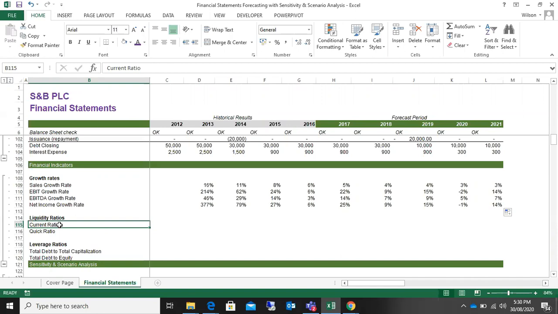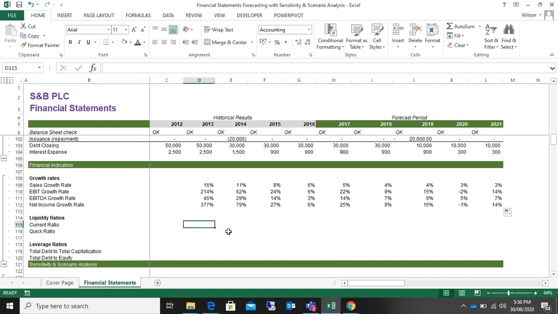So that is what the current ratio is talking about. An ideal ratio should be 2 to 1. But for the quick ratio, I think it's a ratio of 1 to 1. For the quick ratio, you take out your inventory. I think that's just the difference.